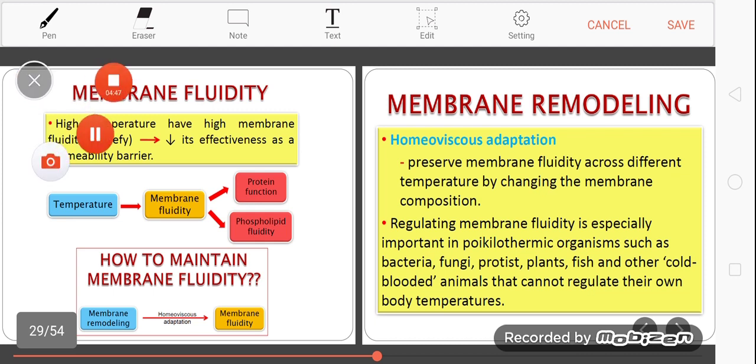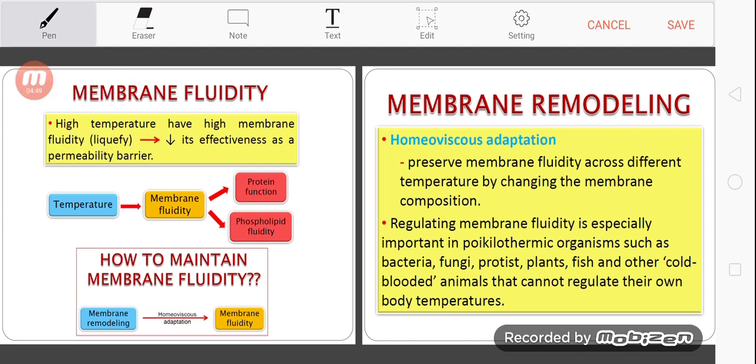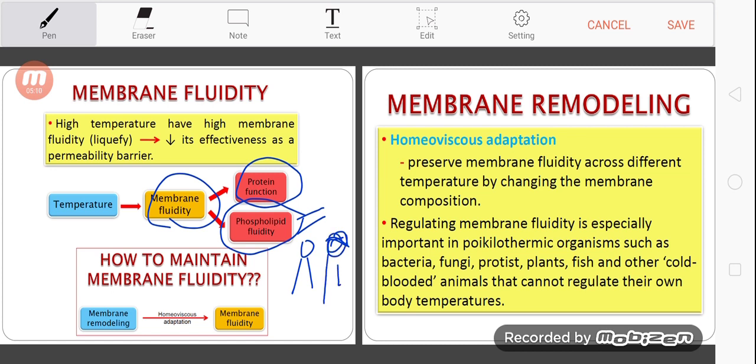Membrane fluidity relates to protein function and phospholipid fluidity. It relates to the structure of the phospholipid bilayer, whether the fatty acid chains are saturated or unsaturated, that is, the presence of double bonds, or to protein function, any protein molecules embedded in the phospholipid bilayer.